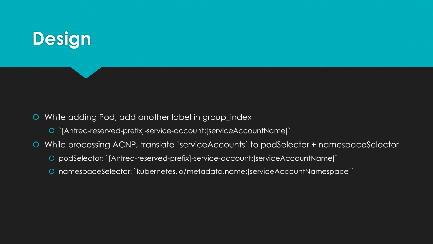So you mean the service account changed its label, right? Okay, so the label we add to the pod uses the service account name, so the relation between pod and the service account hasn't changed. So while we're processing the ACNP, we need to handle this label thing. If the service account label has changed, we need to catch this update event and reprocess this ACNP.